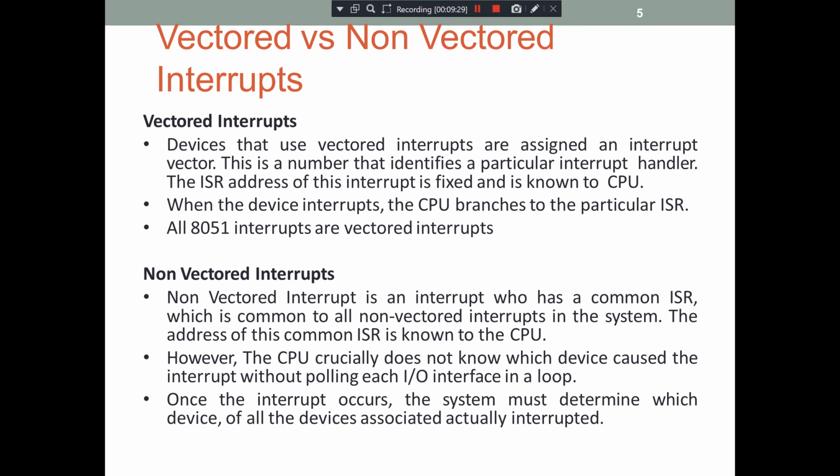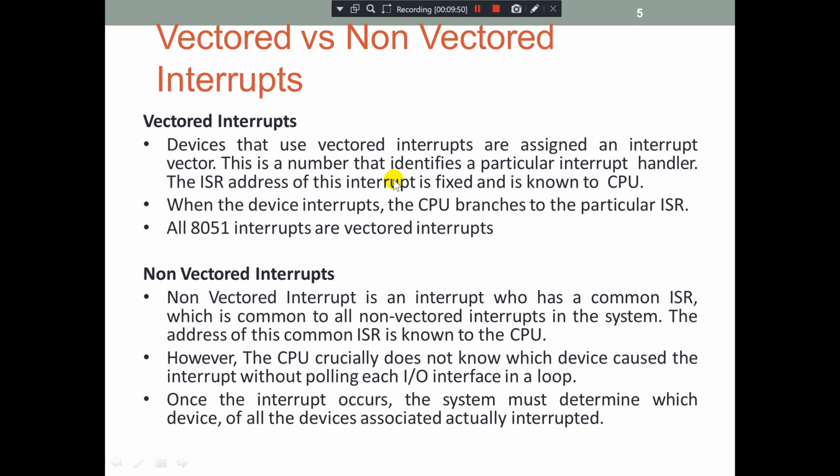Vectored or non-vectored interrupts: these are the two types of interrupts. Let us discuss vectored interrupts first. The devices that use vectored interrupts are assigned an interrupt vector. This is a number that identifies a particular interrupt handler, that is, the interrupt service routine.